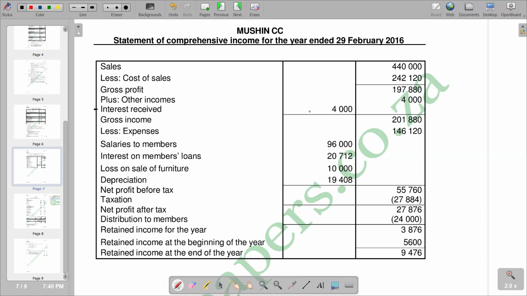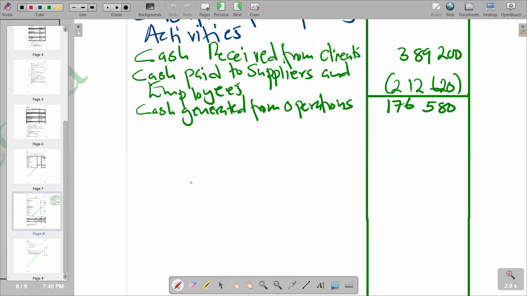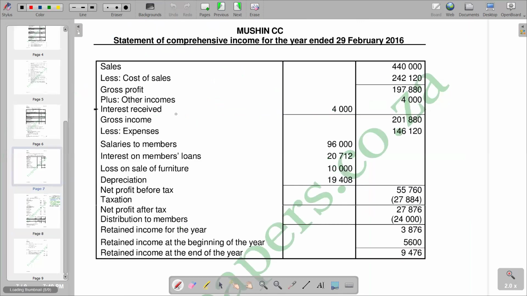So the next item we put there is interest received, and the figure we use is 4,000, which is a positive, so you can just write it as 4,000.